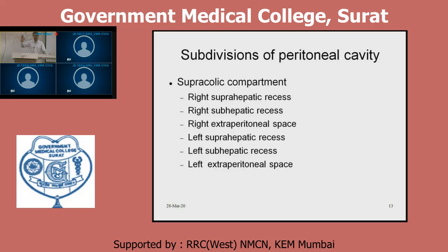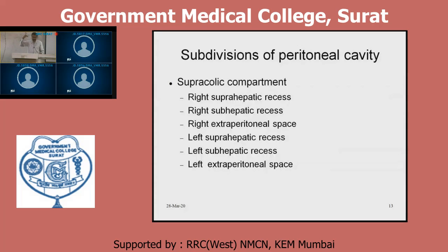Now, right subhepatic recess. Right subhepatic recess lies below. It is limited anteriorly by the posterior and inferior surface of the liver, or you can say the upper margin of the right coronary ligament, and posteriorly by the right kidney and right suprarenal gland, and continues downward to the ascending colon.